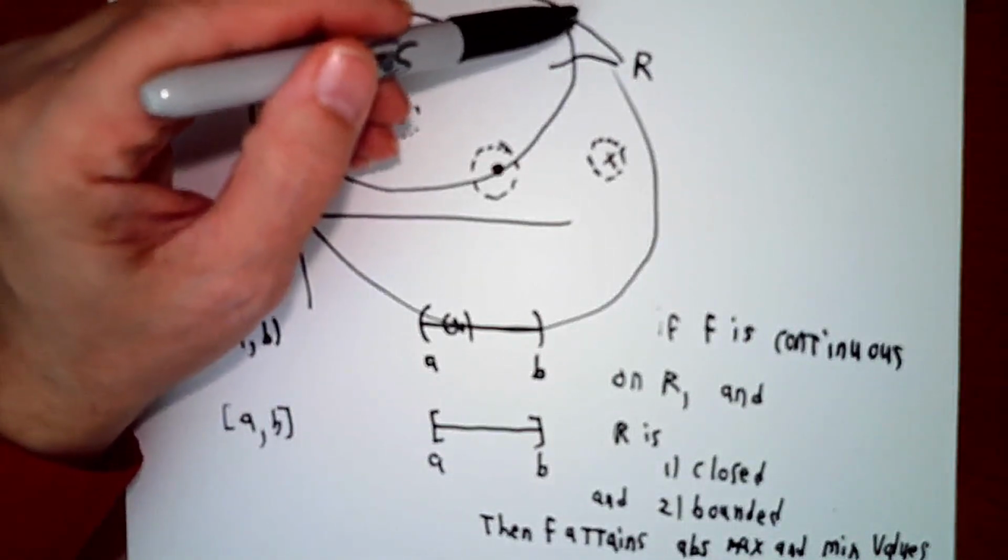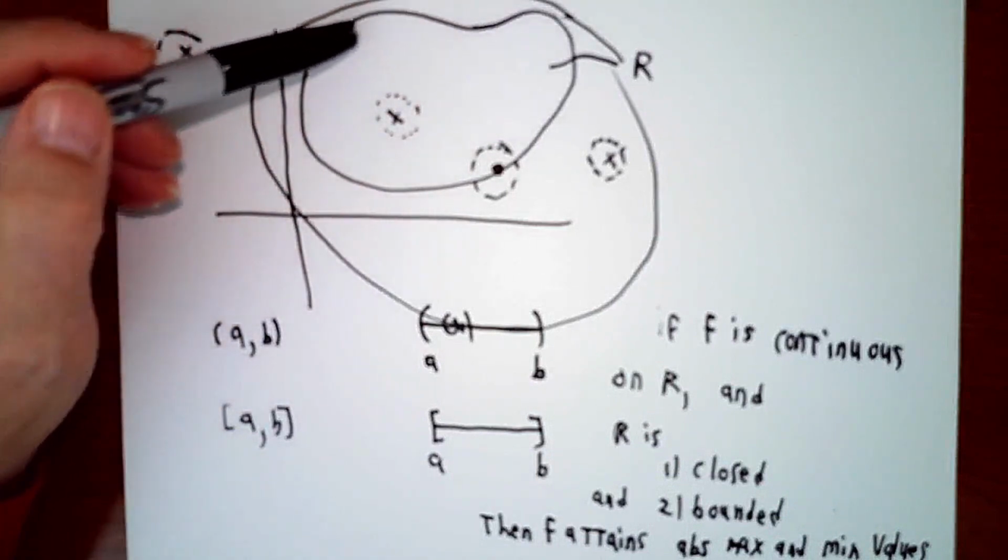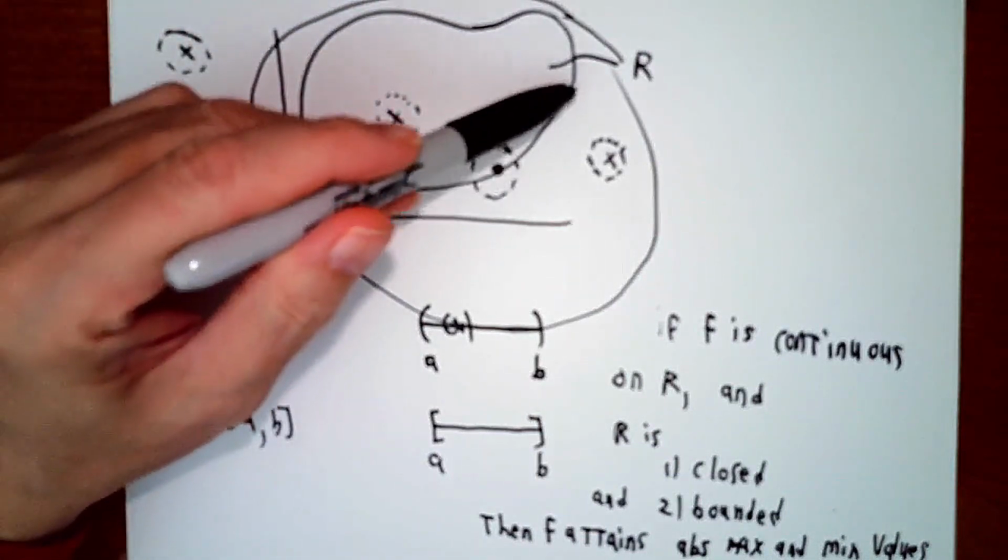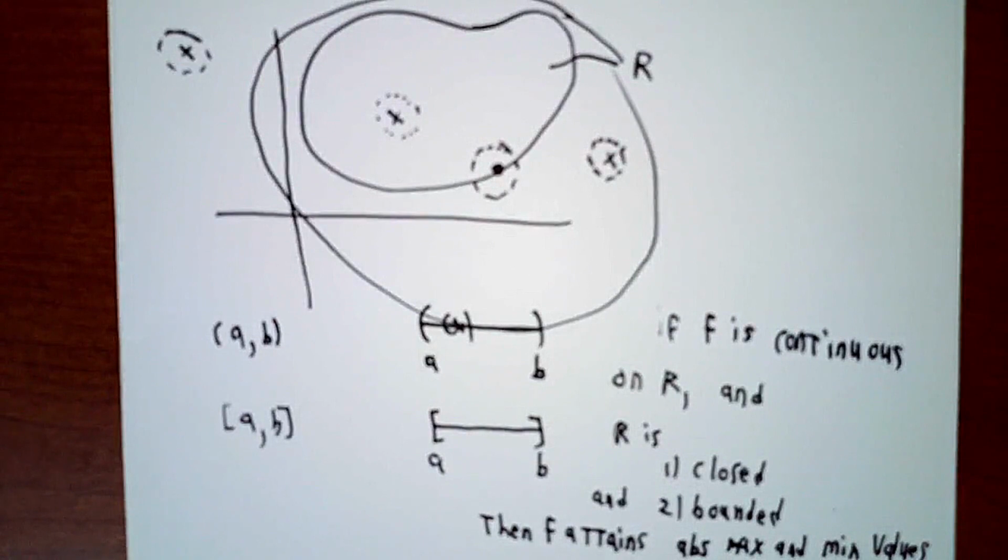What usually is, though, is I have to look at each point of the boundary and see how big and small the function values get on the boundary. Once I've done that, though, I'll go down the list of function values that I got from all those candidates. The biggest one is the absolute max function value. The smallest is absolute min.